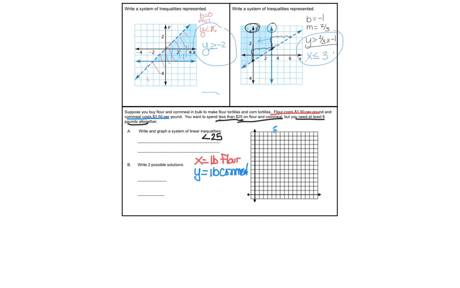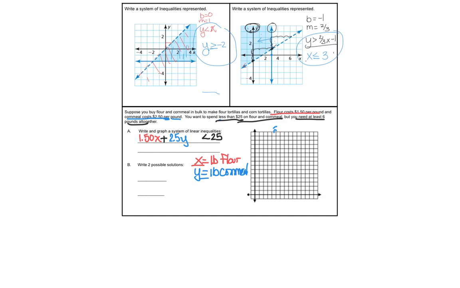It didn't say at least. It said less than. Okay, so less than $25. So how much is flour? $1.50. So $1.50 per, or times, the number of pounds of flour, plus $2.50 per, which means times the number of pounds, which is Y. All right, so yay, we got one of them.